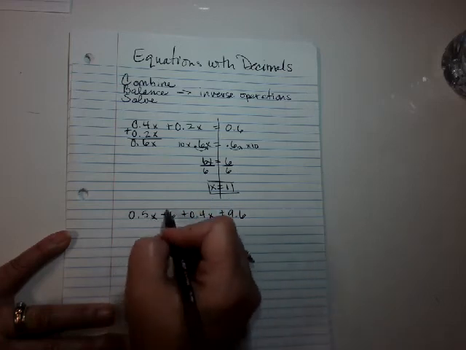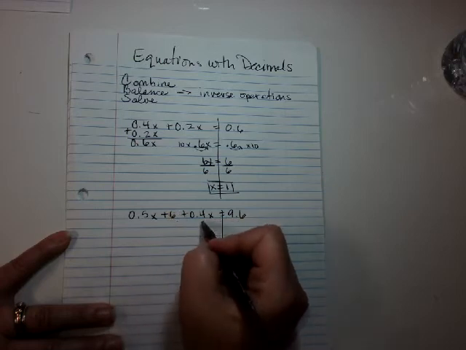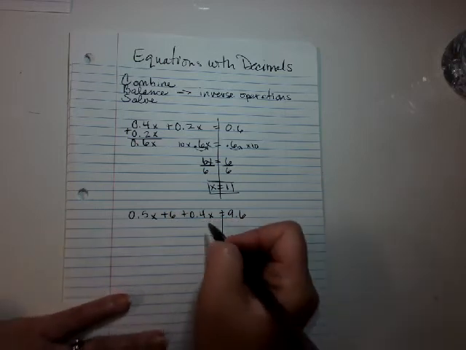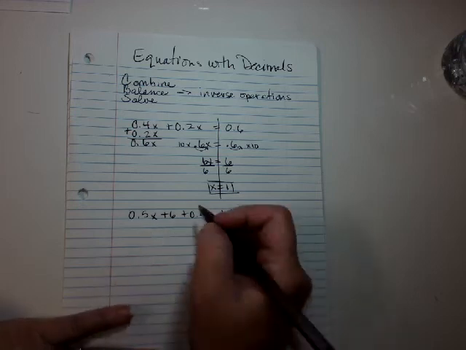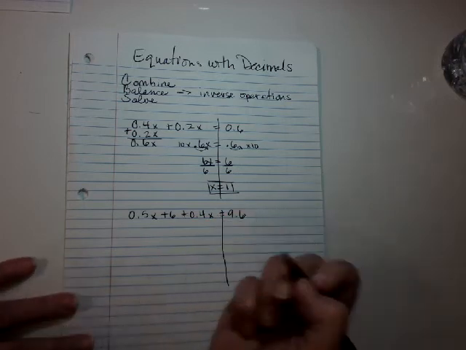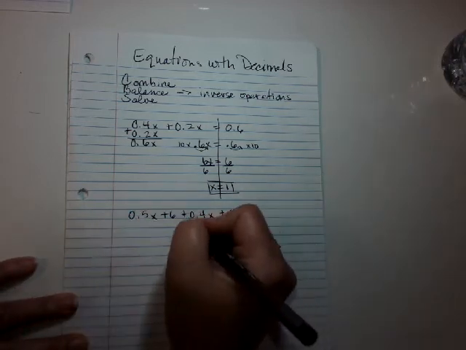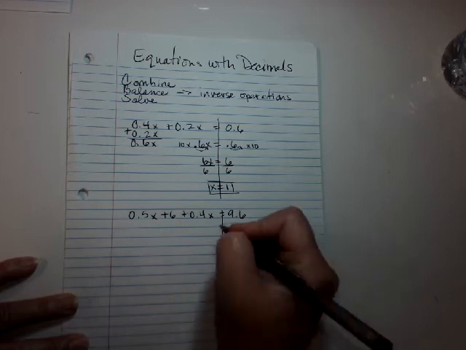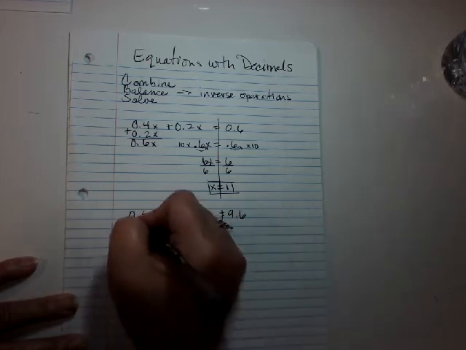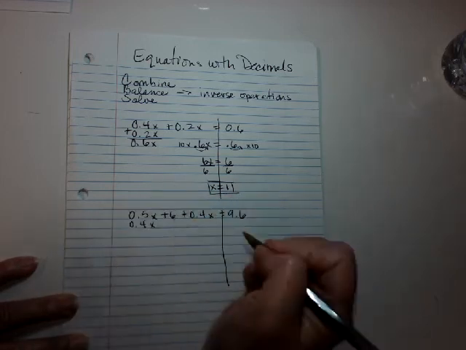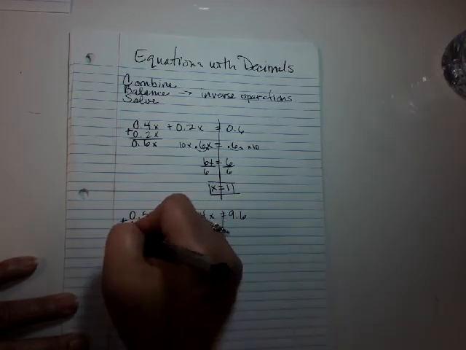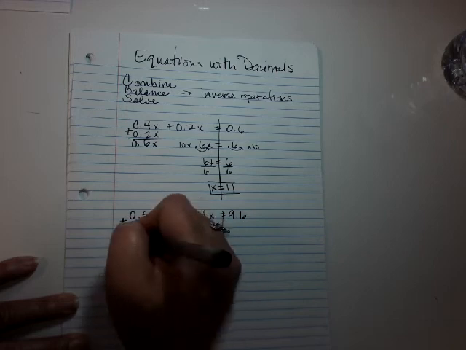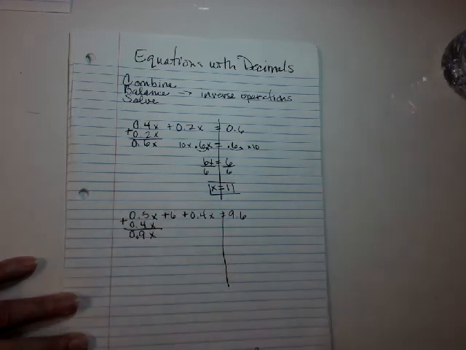So we can skip the 6 for now, move to the next one, and lo and behold, we do have another coefficient with a variable. So it's the same kind of term as this one. So I'm supposed to add that together. I'm going to come over here, because if I move over here, I can line up the decimal. So I'm going to put on here 0.4x. I'm adding, okay, and my answer is going to be 9/10 x.